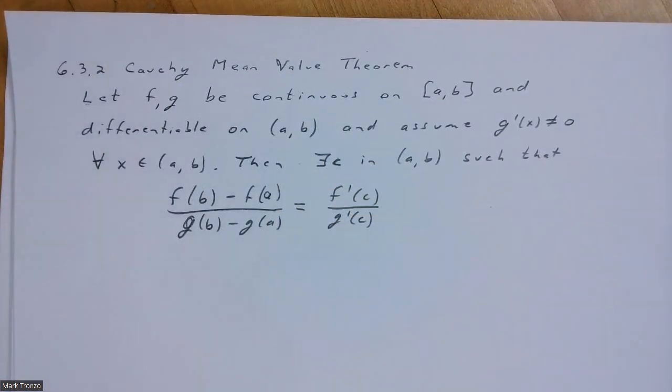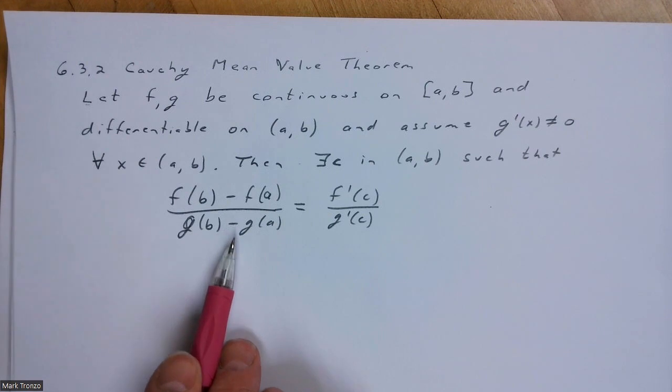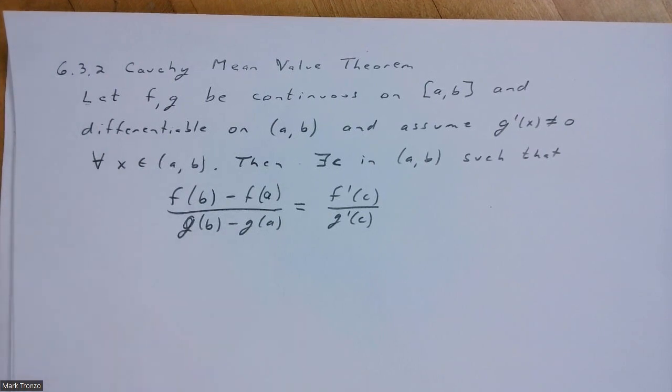So that's the Cauchy mean value theorem. You have two continuous functions. They're continuous on [a, b], differentiable. Assume the derivative of g is not zero. Then for all x in (a, b), there exists a c in (a, b) such that this is true. We're going to use this a little bit later.